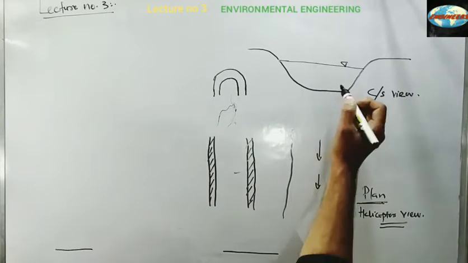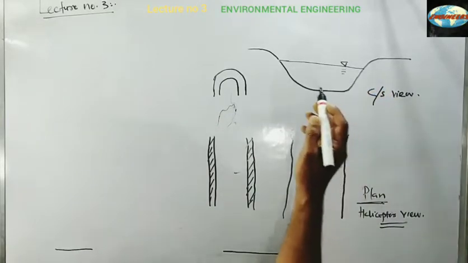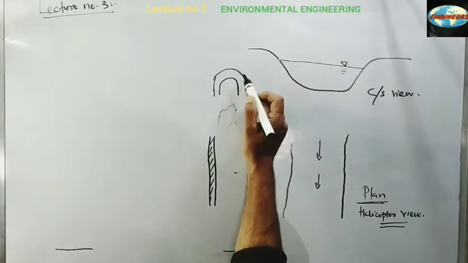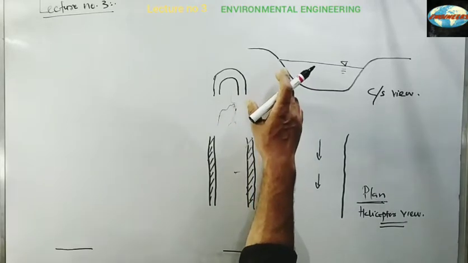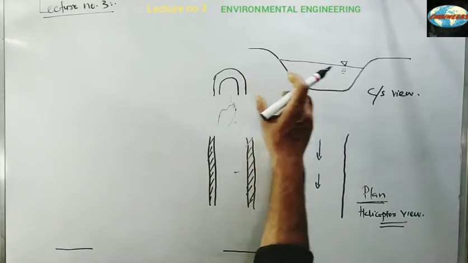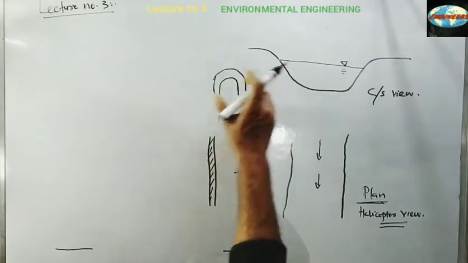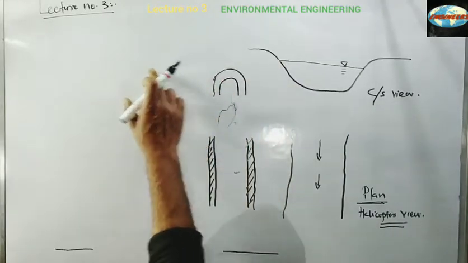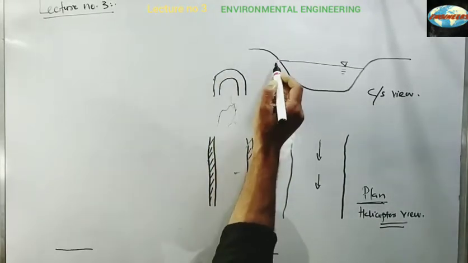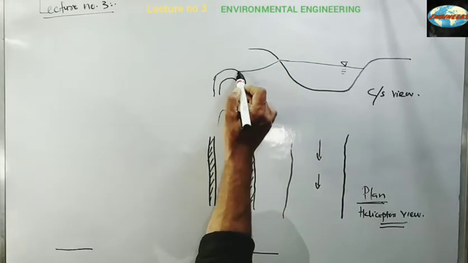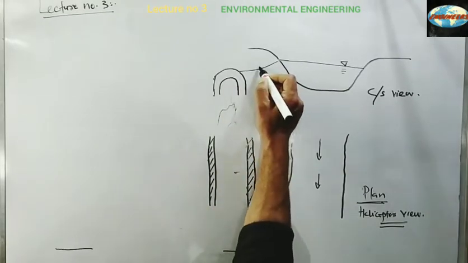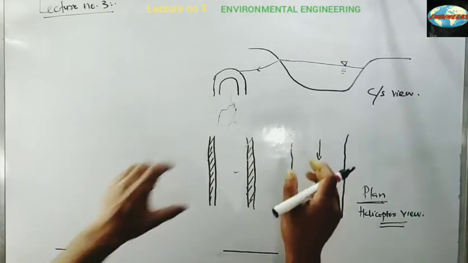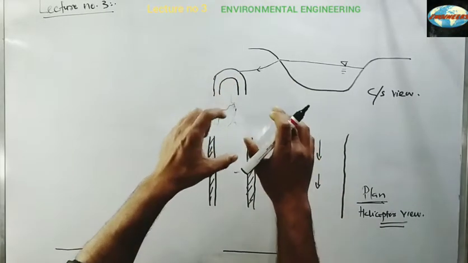Now obviously when the seepage occurs from this river, there will be a reduction, there will be drawdown as you go away from the river. Maybe like this. This may be the phreatic line. The phreatic line is the top flow line.